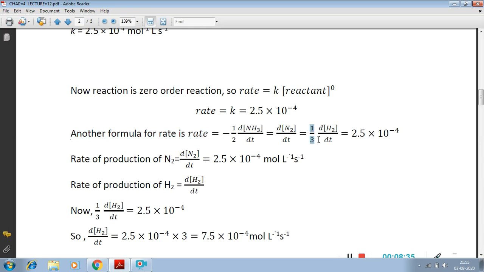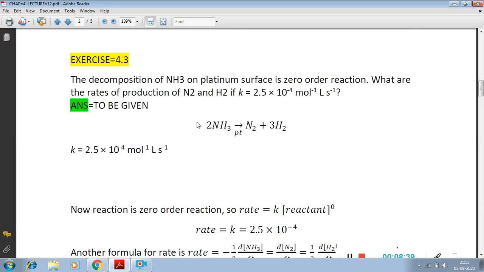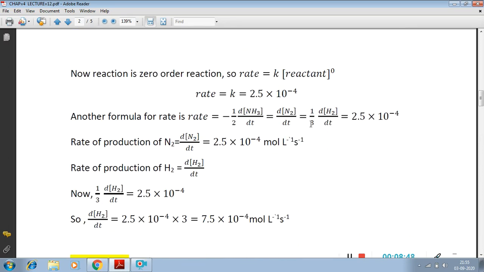Here 1/3 is written. Why that 1/3? Because you can see if we balance the reaction, 3 moles of H2 are there. So that moles we have to write down in division, 1/3 we have to write down.